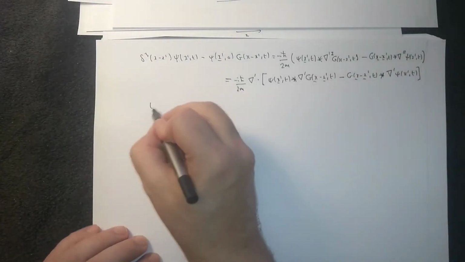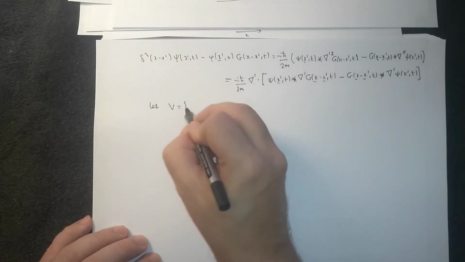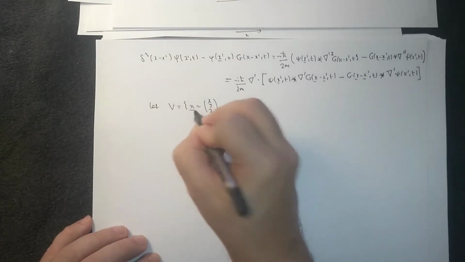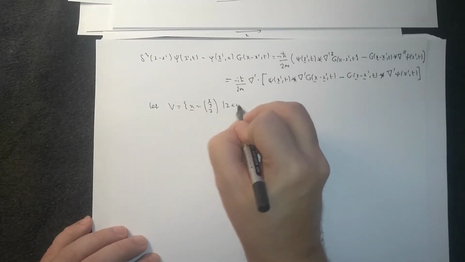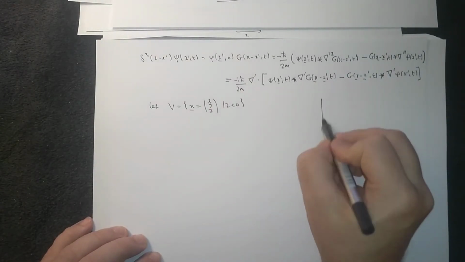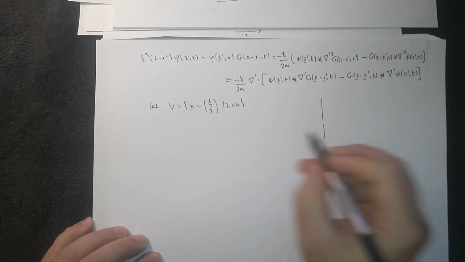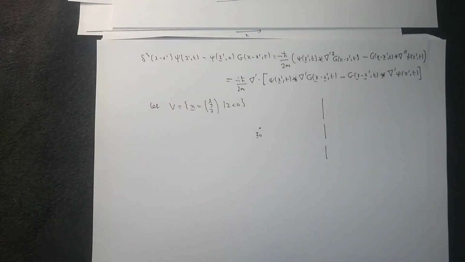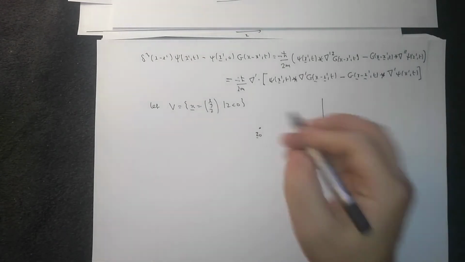Okay, let V be the set of x, the coordinates x, y, z, such that z is less than 0. So if you remember our setup, there is z equals 0.